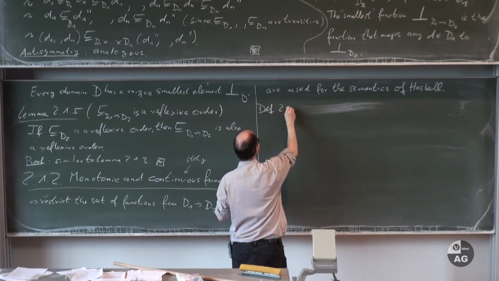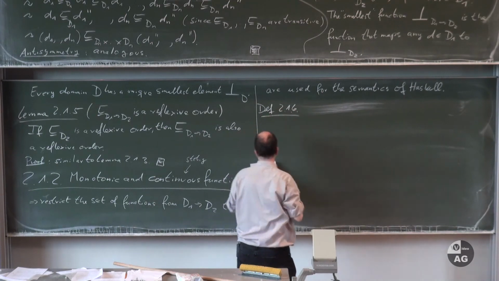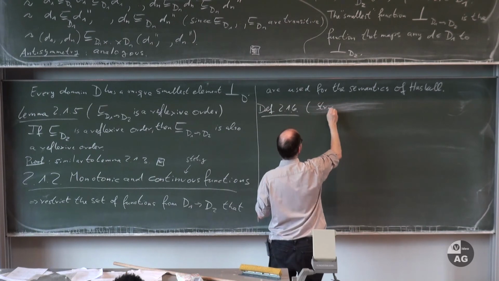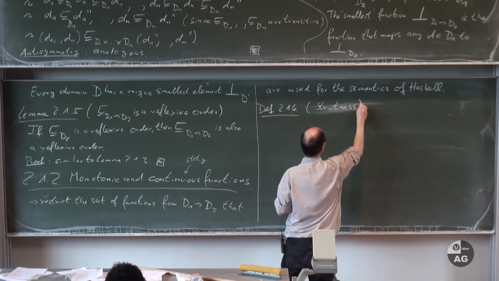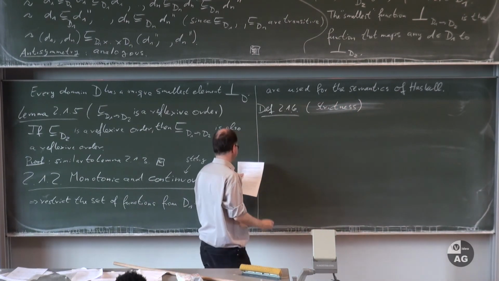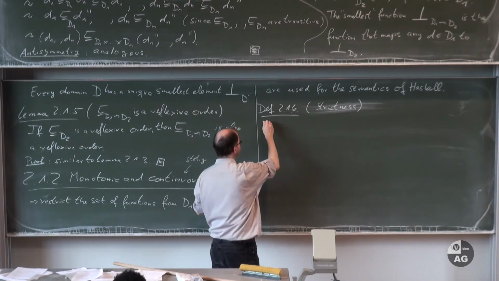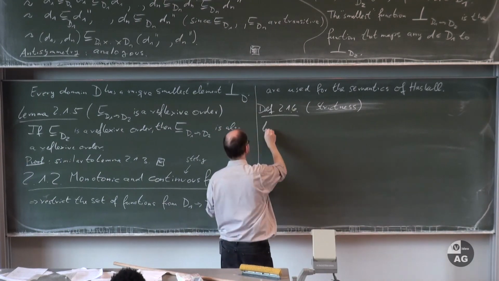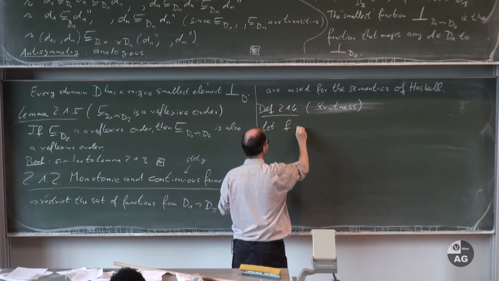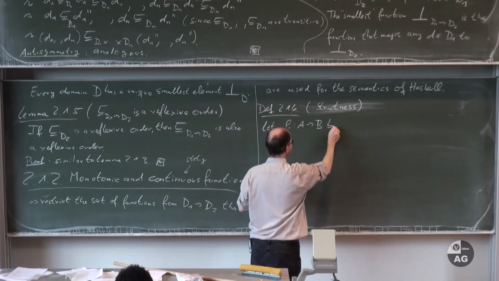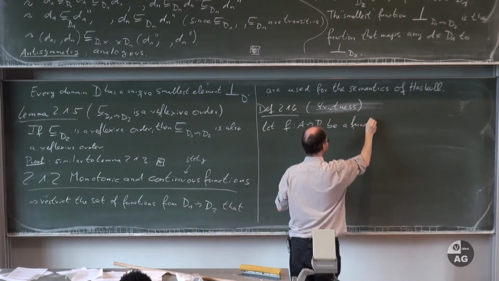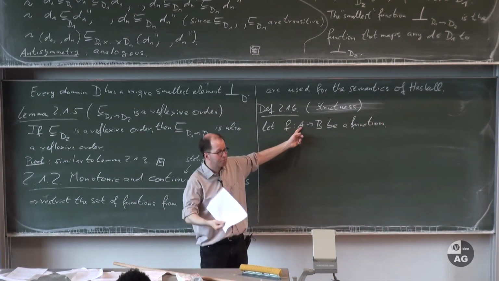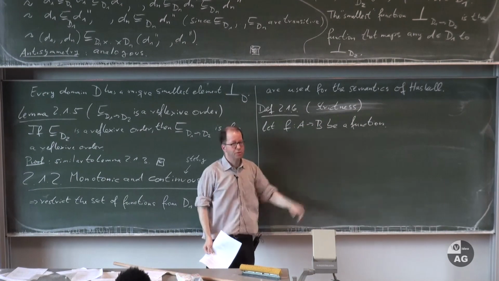And this leads to the following definition. Let's first define it and then illustrate it by some examples. So what does it mean if a function is strict? So strictness of functions. Suppose we have a function going from one set A to another set B. So let f be a function which goes from A to B. For example, A could be the integers and B could also be the integers.